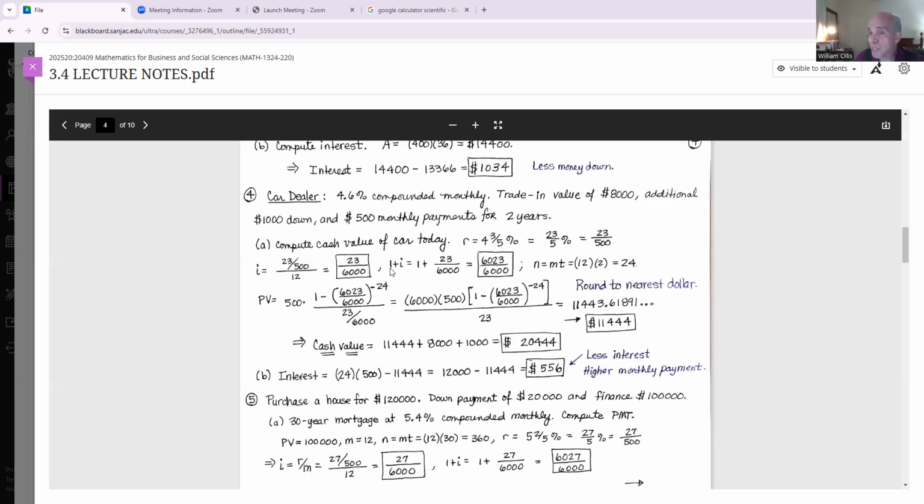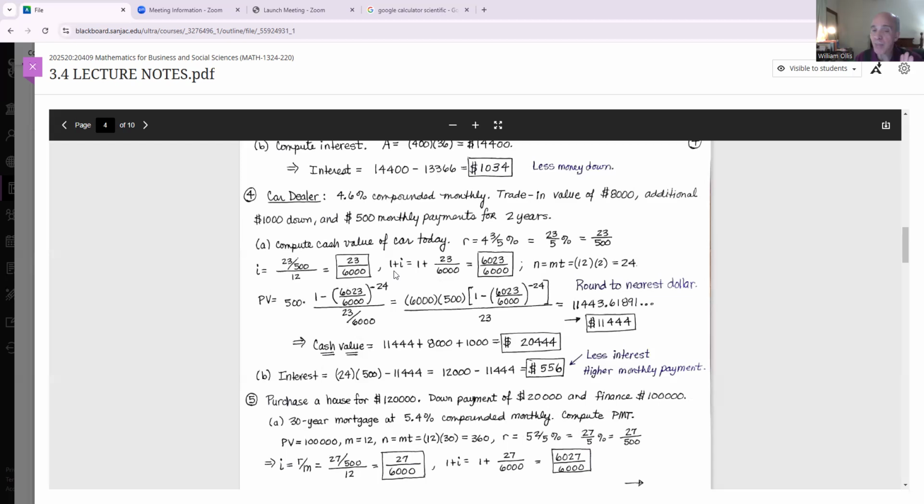And then, of course, we always need 1 plus I, the compound interest expression that we always have when we work with compound interest. So we need a common denominator. That's 6,000. So 6,000 plus 23 is 6,023. And then our 1 plus I is 6,023 divided by 6,000.